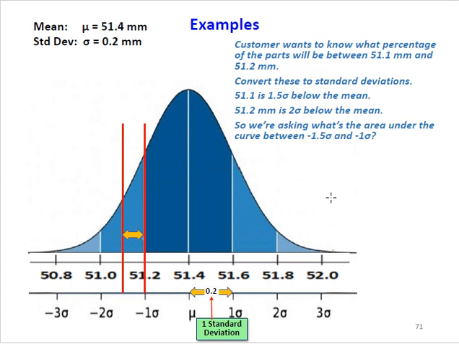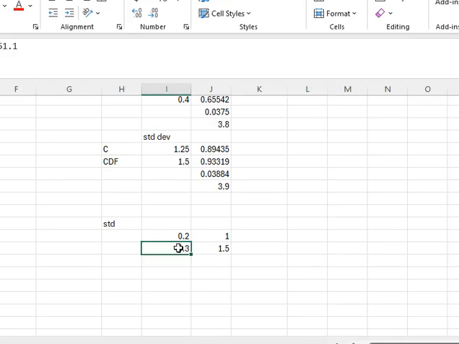If you don't understand how to calculate, it's pretty easy. First, one standard deviation is 0.2 millimeter away from the mean. So your mean is 51.4 and we want to go to 51.1. So 51.4 minus 51.1 is going to give you 0.3.